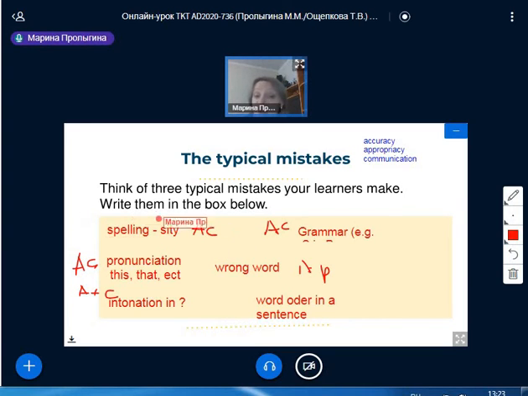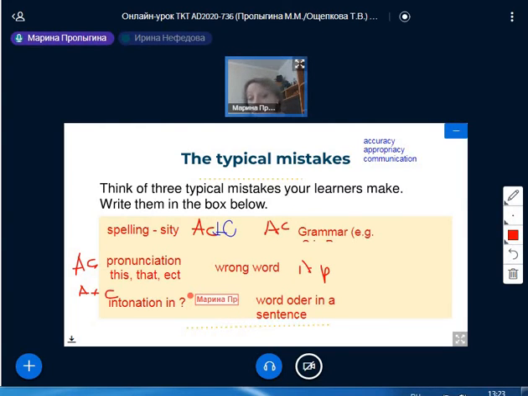Of course, so spelling, it will be the mistake of accuracy, but in its turn, it will influence communication. So we can also add here communication, yeah? So if it can cause the problems of understanding sometimes. The same situation is with grammar, pronunciation, intonation, and so on.